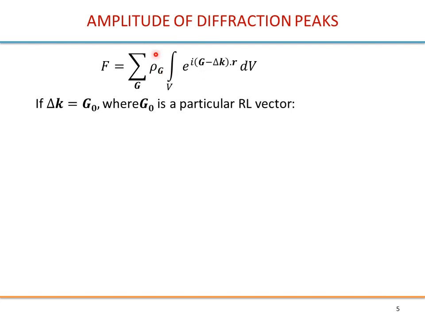So let's just take the term when G equals G0. So we get rho G0 and this sum for Δk equal G0 and G equal G0. So this exponent is 0. Okay, so we have a sum over the whole volume of just dV. So this is V, and we will have rho G0 V plus this sum, but for all G except G0.